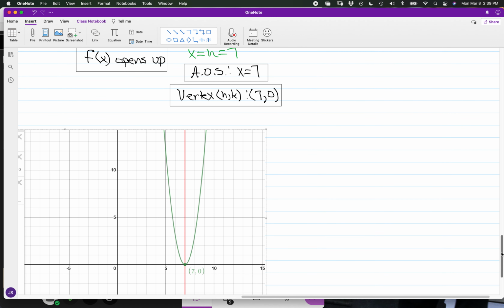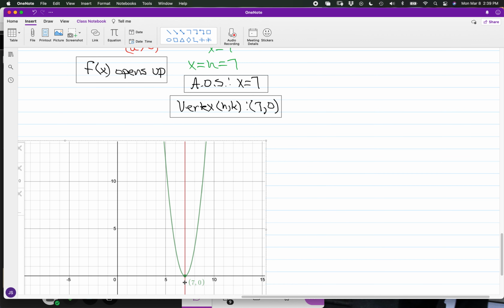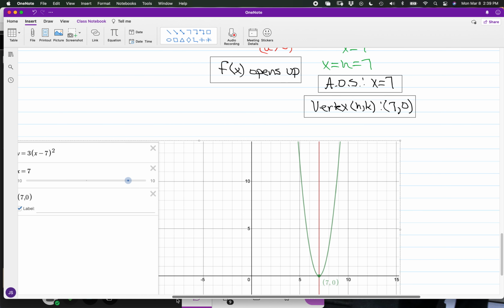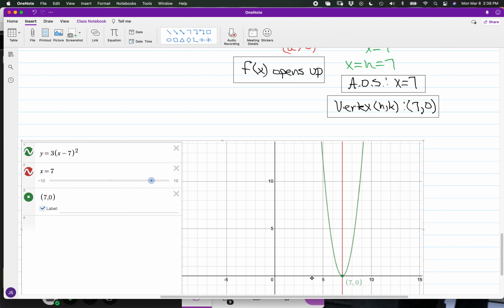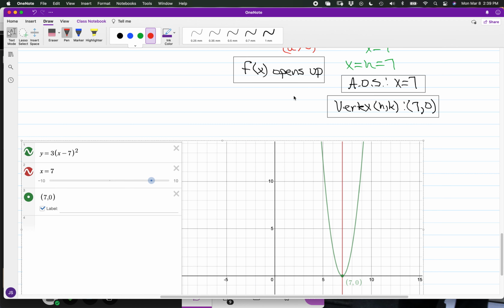Okay, so if you notice, the graph is opening upward, and again we have the axis of symmetry. You have this dividing line here. So you have x equal to 7.